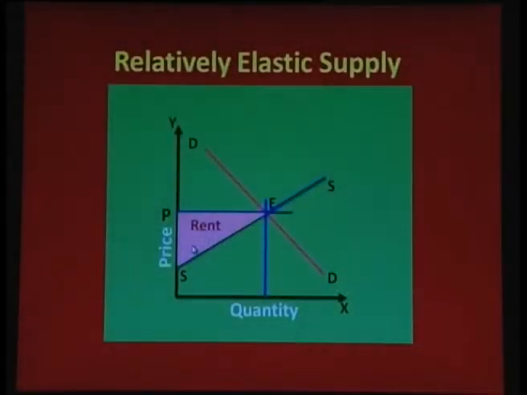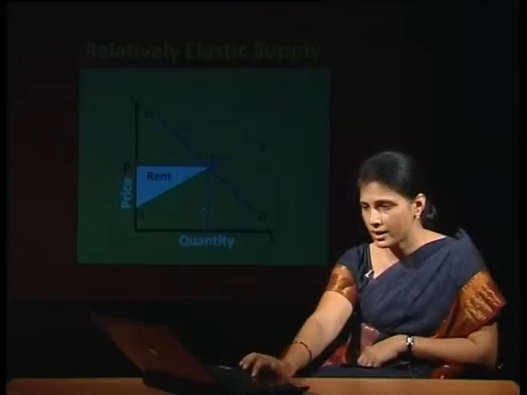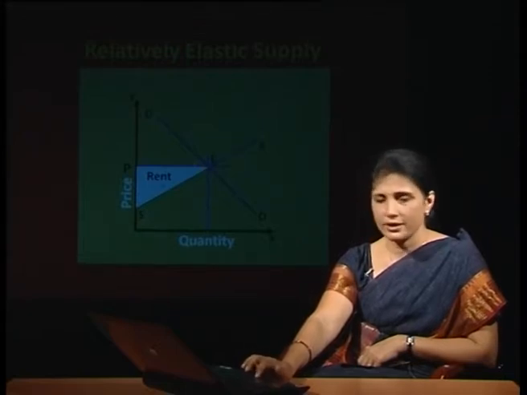So, as we can see in this figure, the triangle, that is S, P and E, is the rent. Now, how is this rent accruing? Look at this square, from origin to P to E to quantity, which is nothing but actual earning, and from origin to S to E and quantity is transfer earning. So, the difference between this square and origin, S, E and quantity will give us rent.